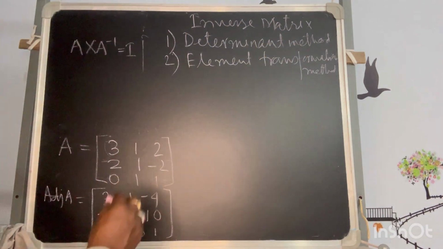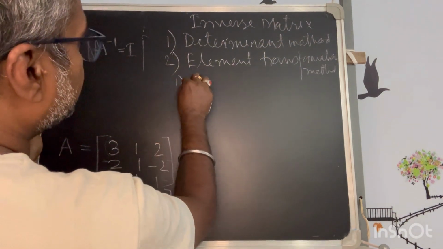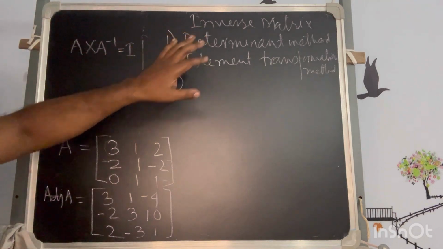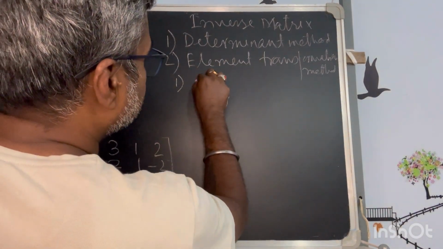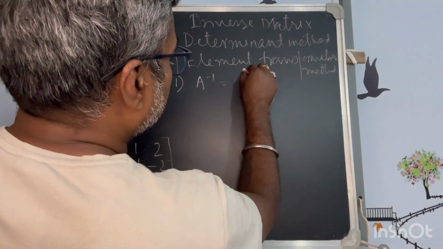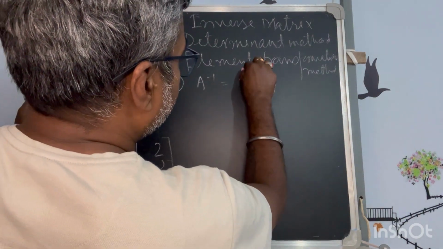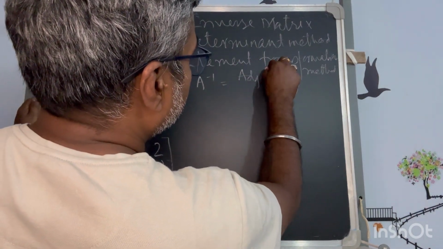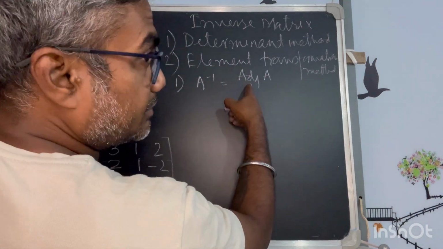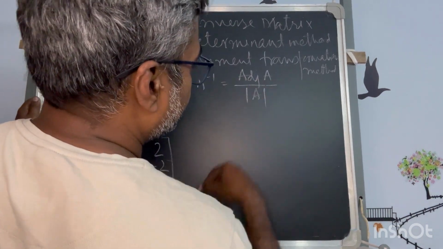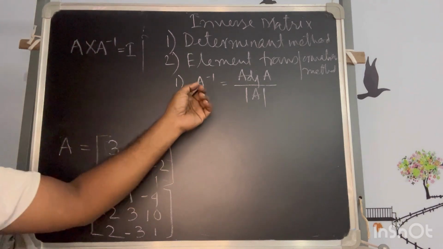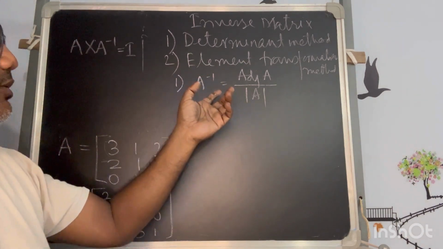So let me take the first one, the determinant method. Why? Because in the determinant method, the formula for finding A inverse is adjoint A, which is a matrix, divided by the determinant of A. So this is the formula for finding A inverse.